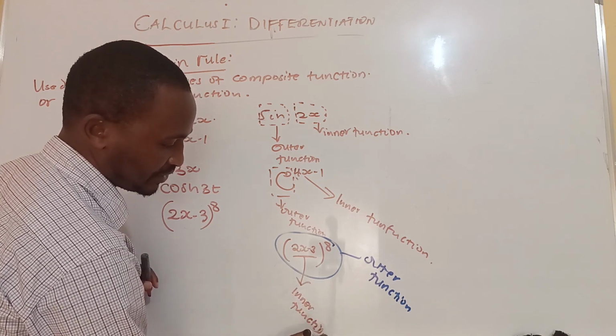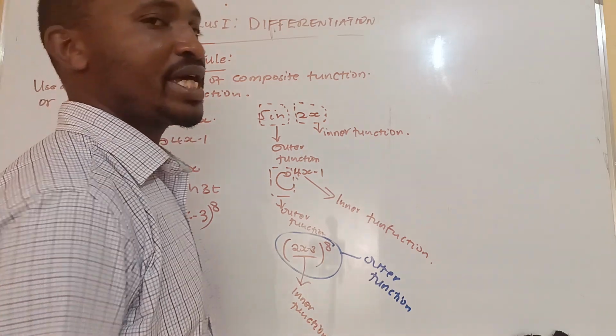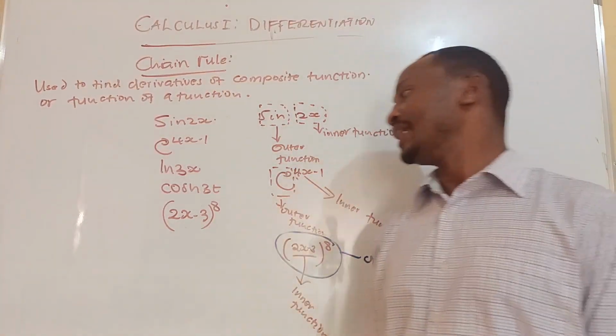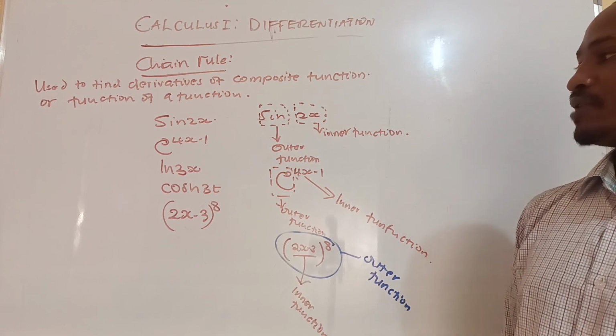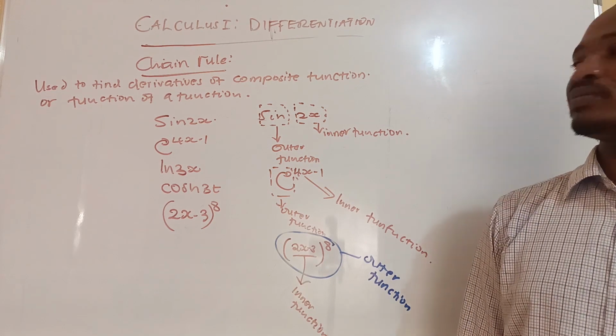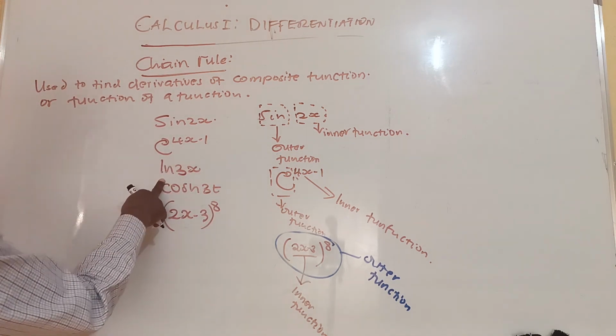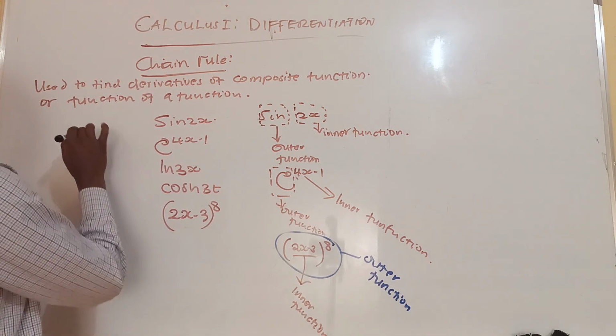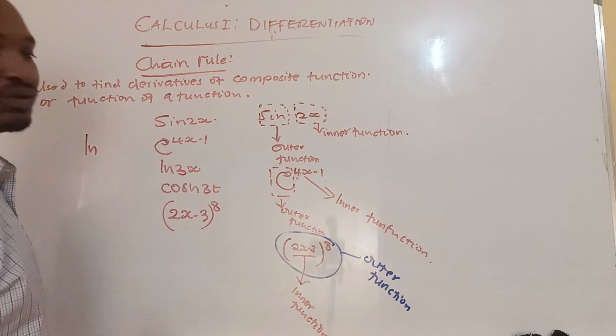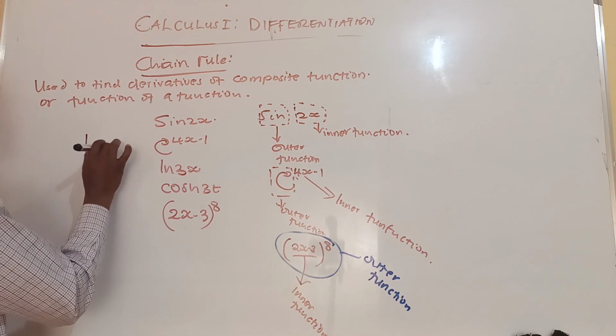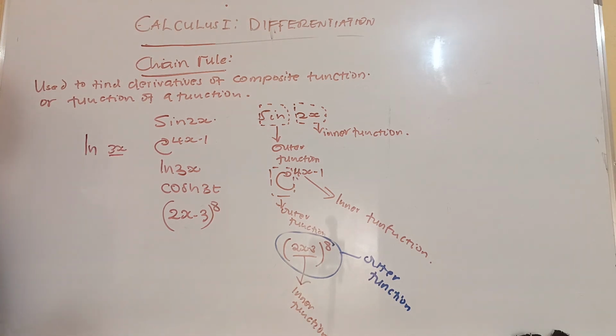The most important thing when it comes to composite functions is being able to identify the inner and the outer function. If you can do that, then solving it will be very simple. Here, for the natural log, ln itself is the outer function and 3x is the inner function.